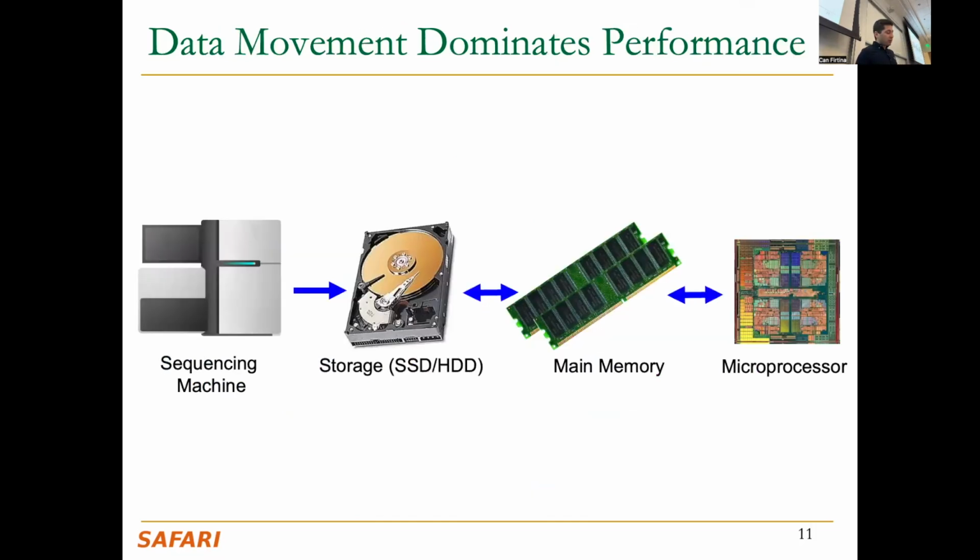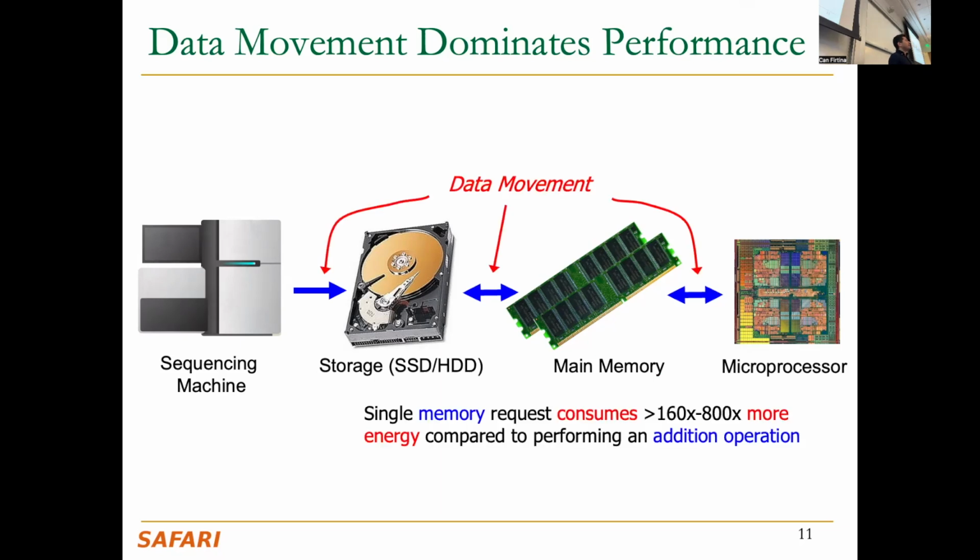When we look at the main problems in general purpose computing machines today, we see that the data needs to move from the place where it is generated, in our case a sequencing machine, and then it is usually stored in storage, for example SSD or HDD, then it moves to memory, and then it moves to the CPU. There is a huge amount of data movement across all these levels of the computer architecture.